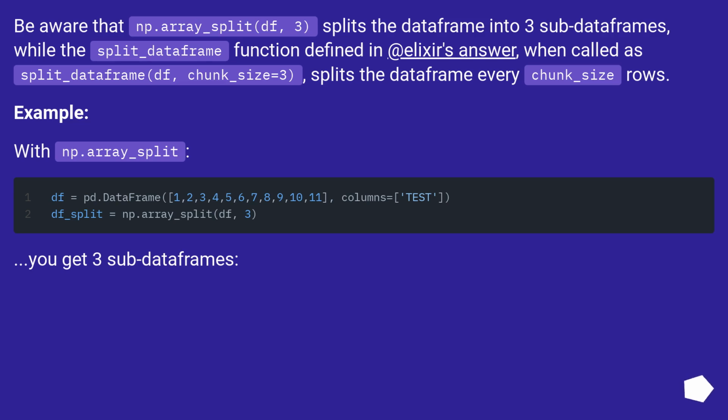Be aware that np.array_split(df, 3) splits the data frame into 3 sub-data frames, while the split_dataframe function defined in @elixir's answer, when called as split_dataframe(df, chunk_size=3), splits the data frame every chunk_size rows. Example: with np.array_split, you get 3 sub-data frames.